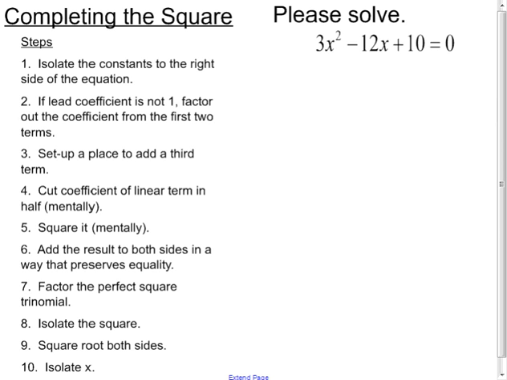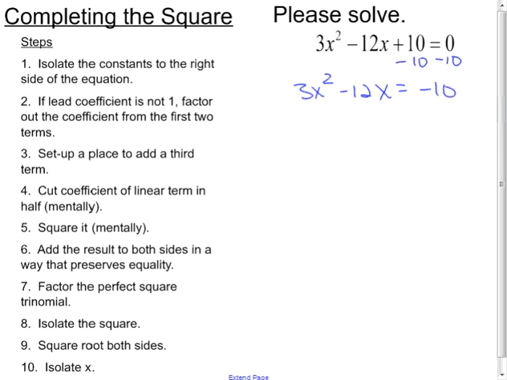Okay, we will start with isolating the constants to the right side of the equation. So I'm in fact going to get rid of this plus 10 by just subtracting 10 from both sides and getting 3x squared minus 12x equals negative 10. Okay? Now, it says here, if the lead coefficient is not 1, and it in fact is not, it's 3.